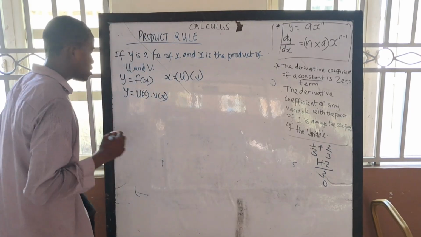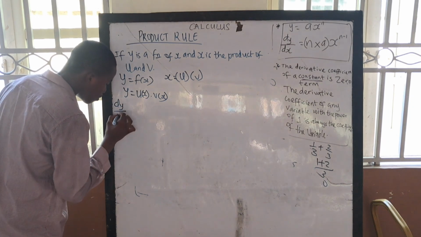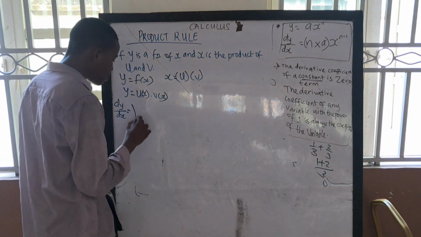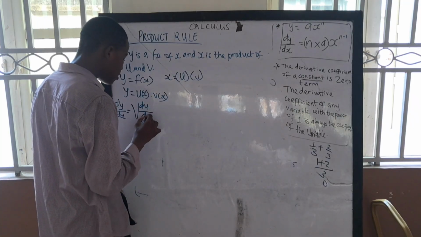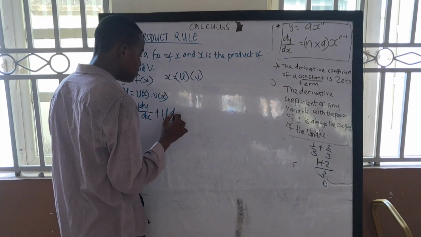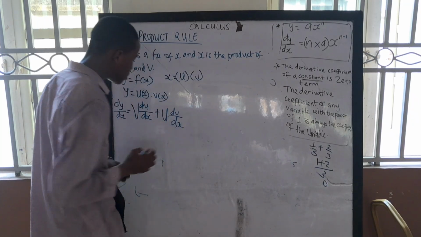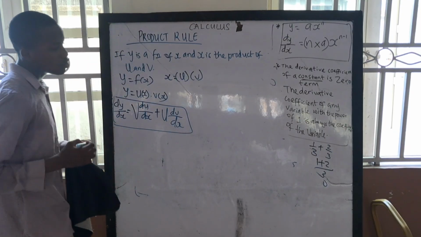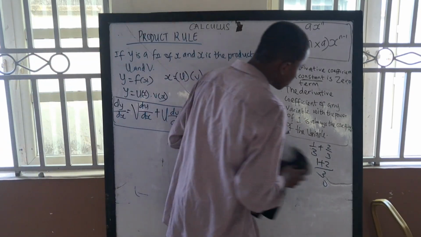So now, my dy dx, I'm differentiating this using the product rule. That's v du dx plus u dv dx. So this is what the product rule is all about. So I'll be adding it to my bullet points.